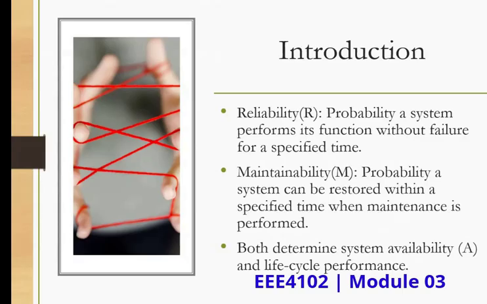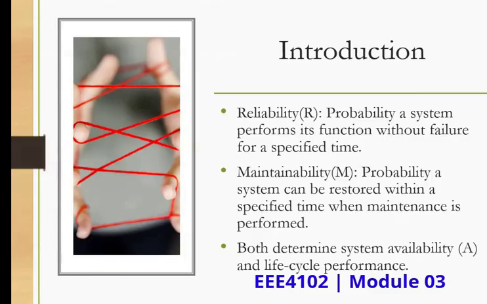So we need to understand that both concepts of reliability and maintainability help us to determine the system availability and life cycle performance. An analogy here that you can think of, let's say you have an inverter.